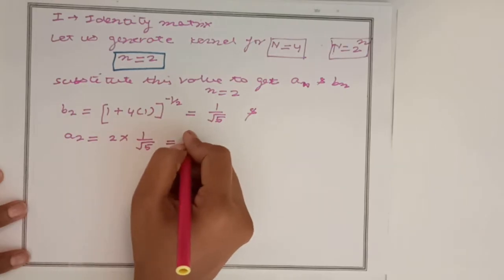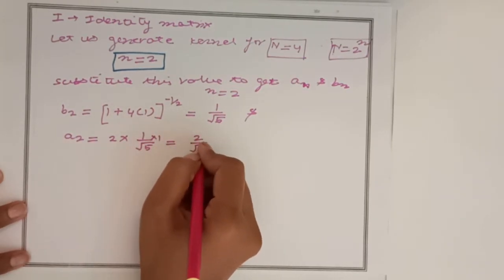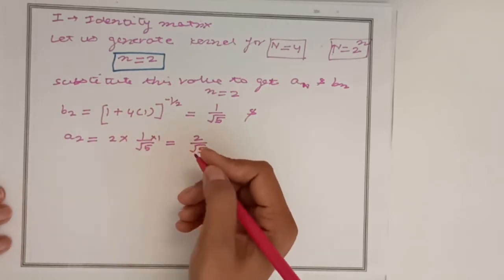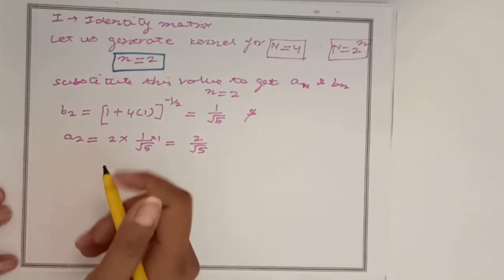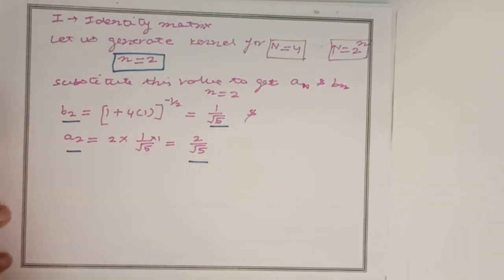So this is 2 upon under root 5. These are the values of b2 and a2.